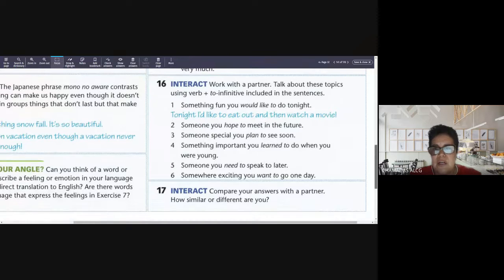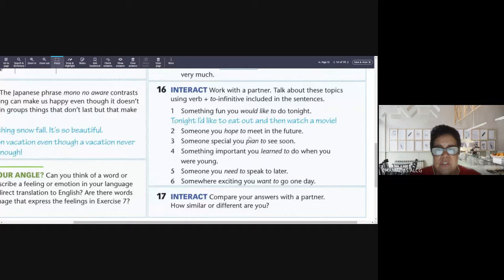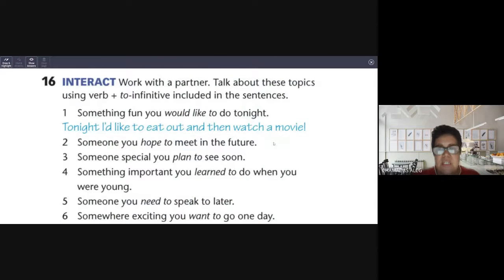So here, we have number 16, which is kind of discussion. They want us to talk about some topics using a verb plus infinitive included in the sentences. So the first one is an example.